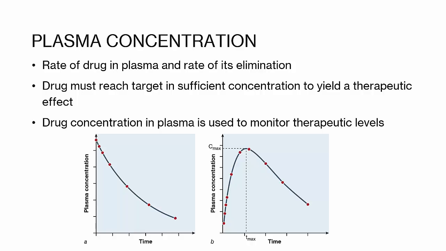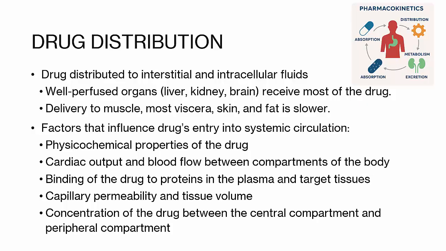These pictures indicate the typical plasma level curve after an IV bolus and an oral drug administration. On the left is the plasma level after administration of the IV bolus dose, and on the right, the plasma level after an oral dose of a drug product. Drug distribution. Following absorption or systemic administration into the bloodstream, a drug is distributed throughout the bloodstream to interstitial and intracellular fluids.